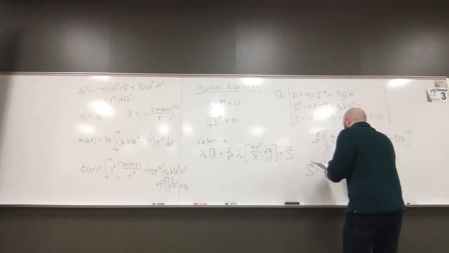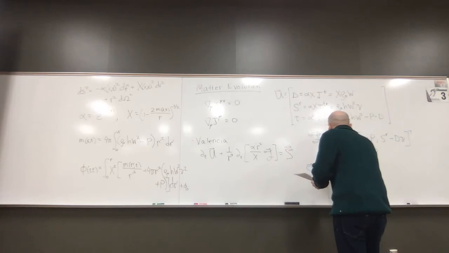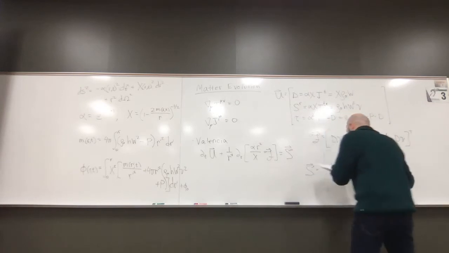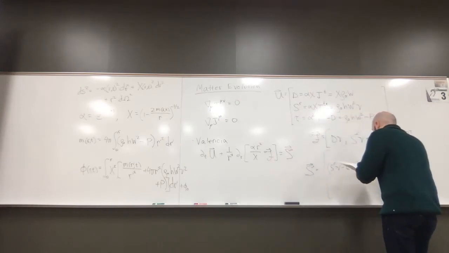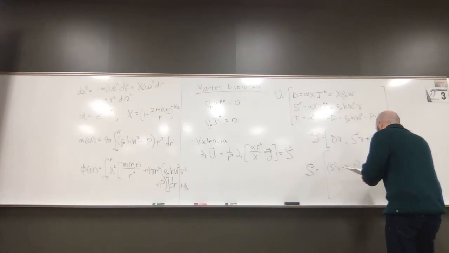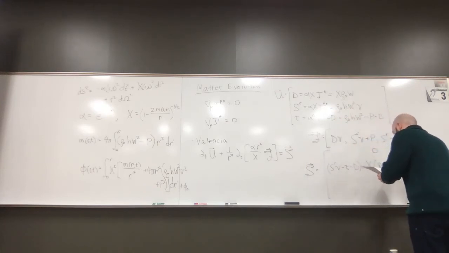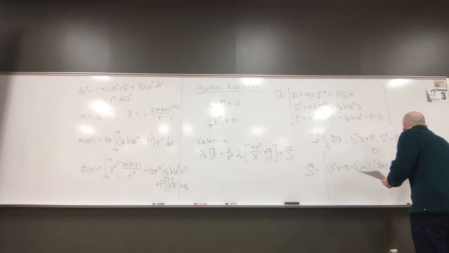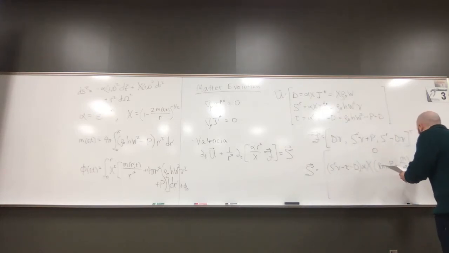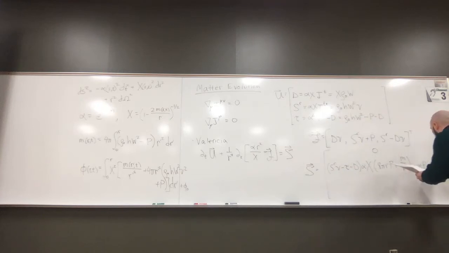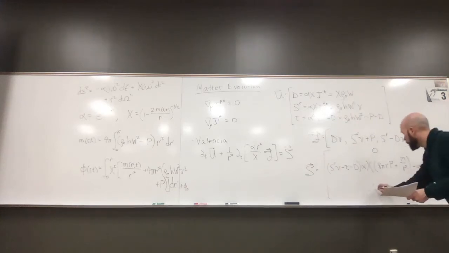Now for the momentum equation, there's something: SR v minus tau minus D, all times alpha x, all times 8 pi r p, the pressure, plus mass over r squared, that's mass enclosed, plus alpha p x m over r squared, plus 2 alpha p over x r. Energy, 0.